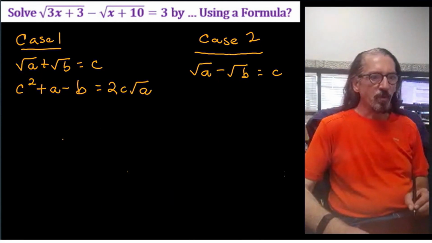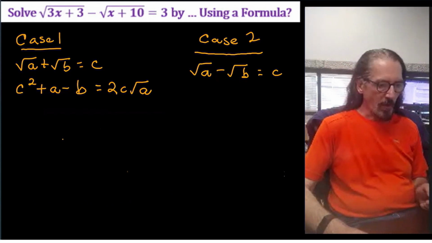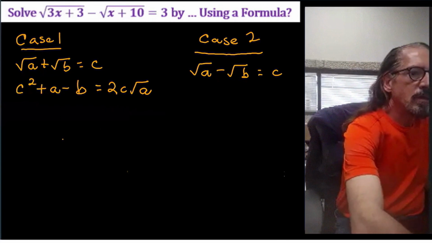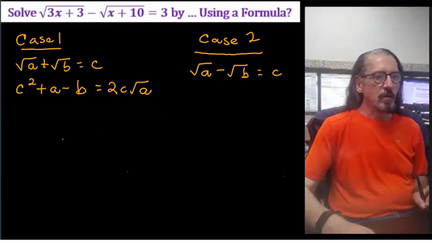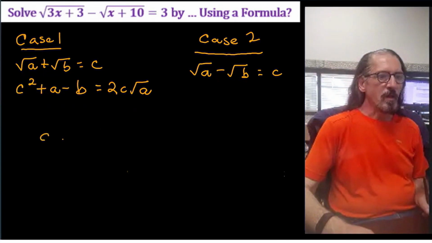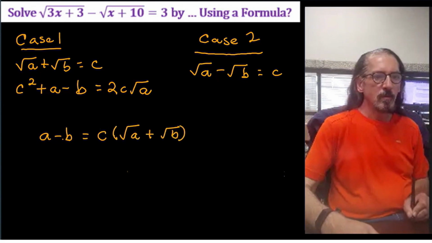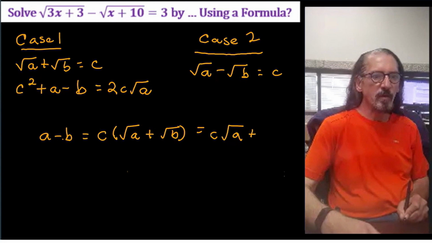In case two, multiplying by the conjugate, that conjugate is going to be square root of a plus square root of b, and we will get a minus b again when applying the difference of squares, but then distributing c to that conjugate on the right-hand side, we have c square root of a plus c square root of b.